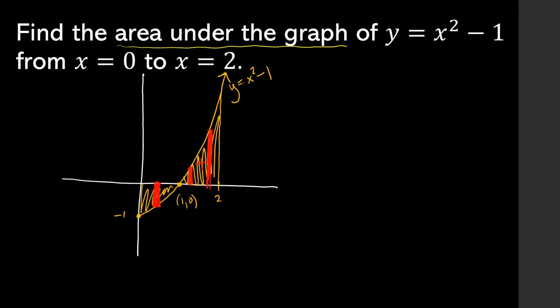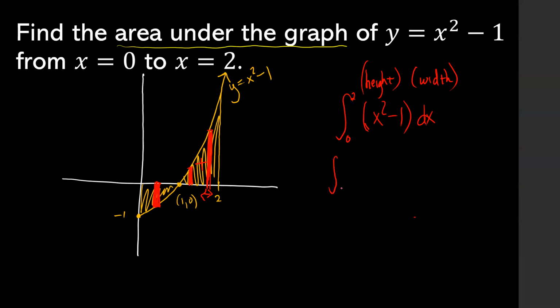If we think about any one of these rectangles, its height is going to be given by x squared minus 1. And each width is going to be given by a very, very tiny change in x. We call that dx. So we want to add up infinitely many of those, starting at x equals 0 and finishing at x equals 2.